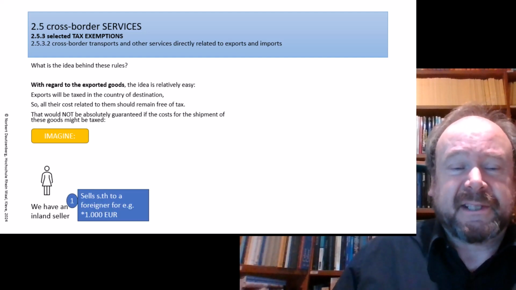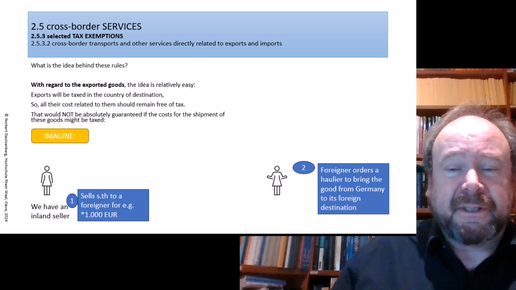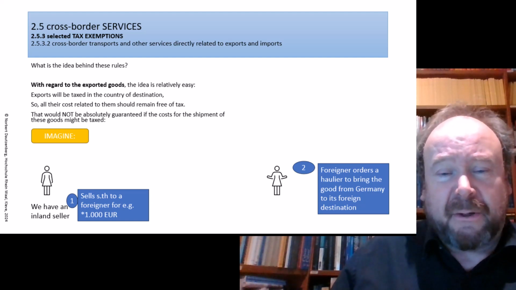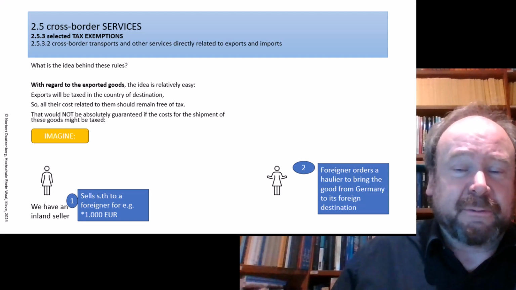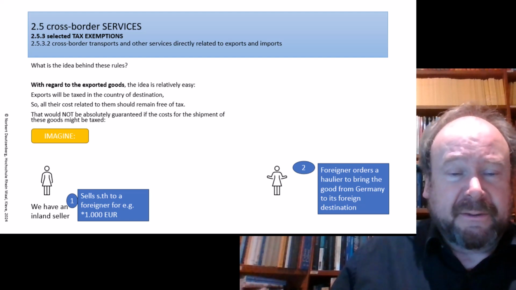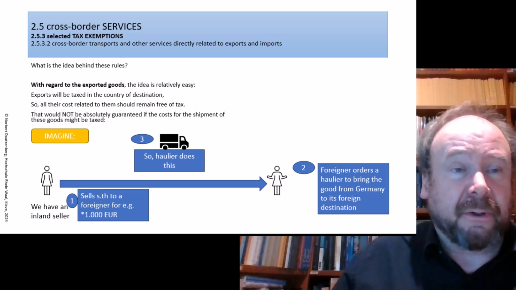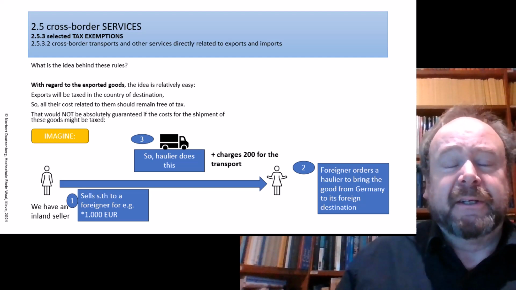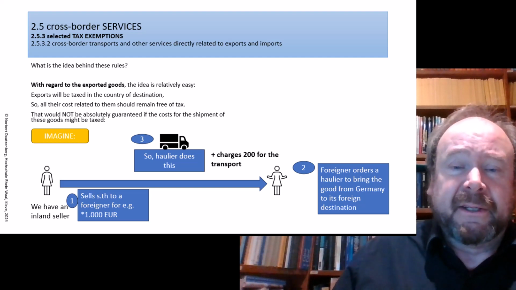That seller sells to a foreigner a product for, let's say, 1,000 euro. The foreigner now wants to get the goods, so the foreigner orders a haulier to bring the goods from Germany to the foreign destination. The haulier does this and charges an additional 200 for the transport.